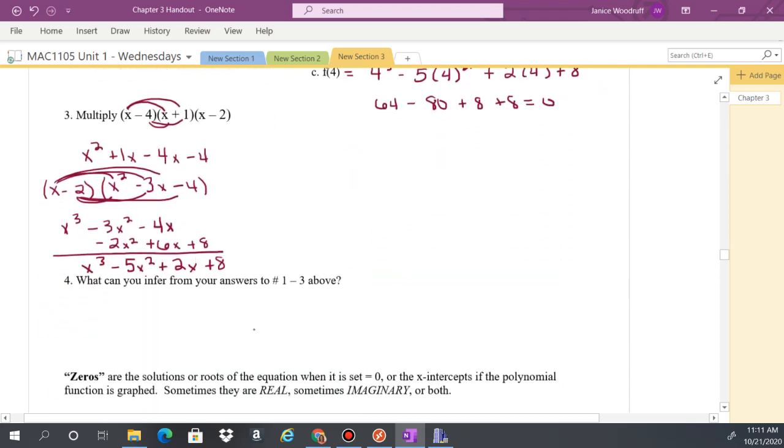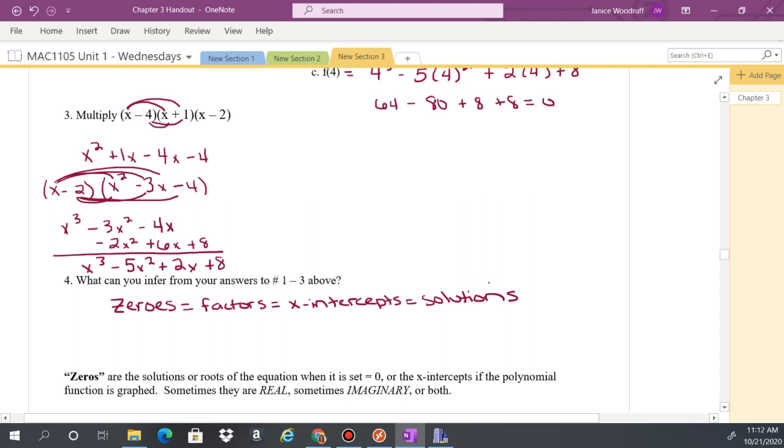So the zeros are your factors, are your x-intercepts. Those are your solutions to your polynomials. So they are all related. So if you look at the graph and you see your x-intercepts, you solve your polynomial.